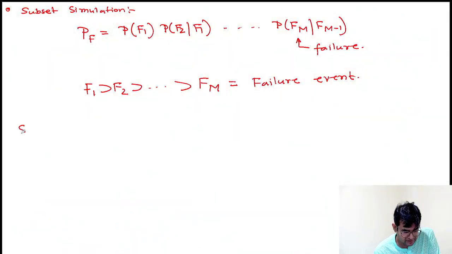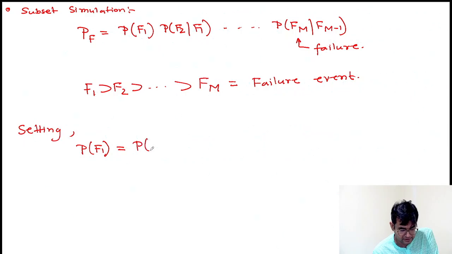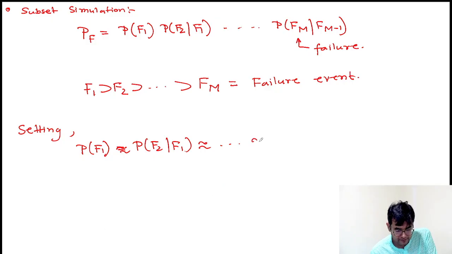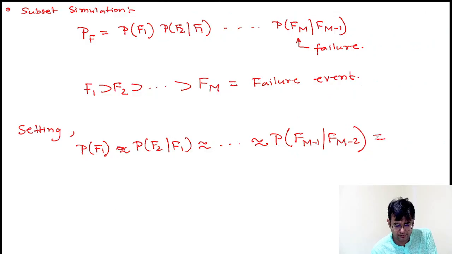So we said that we are setting P(F1) approximately equal to P(F2 given F1), and so on, up to P(F(m minus 1) given F(m minus 2)), not m, that will not hold, and that is equal to, let's say, p naught.